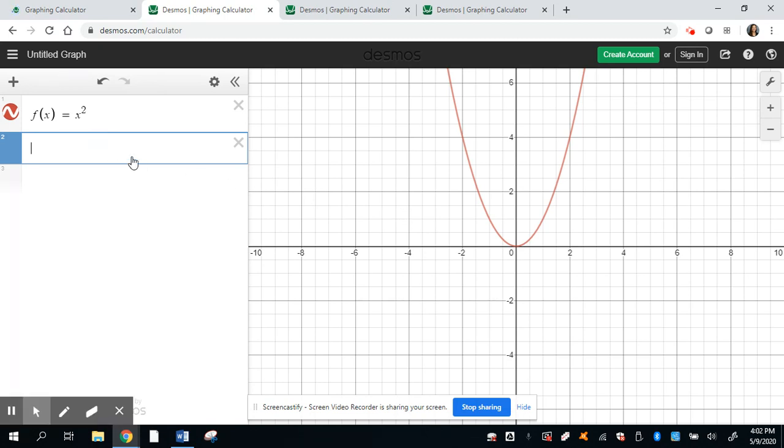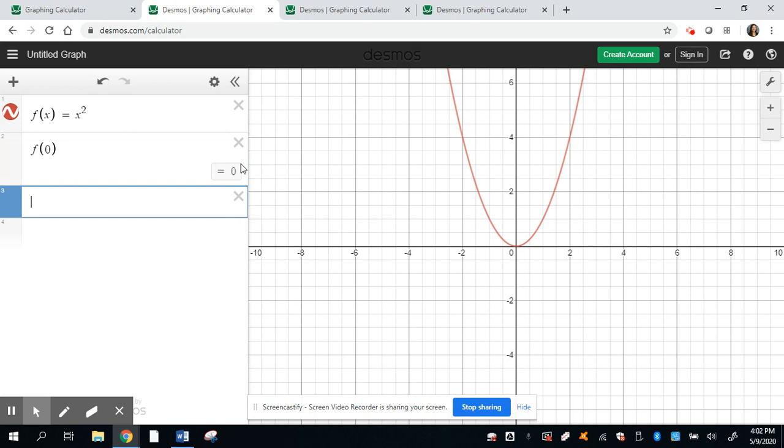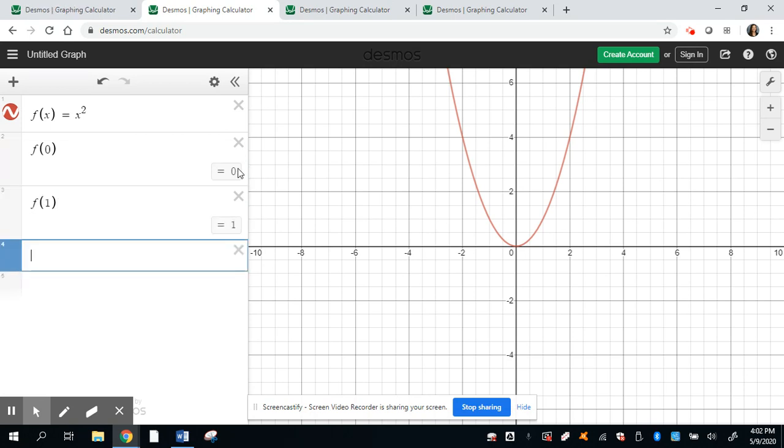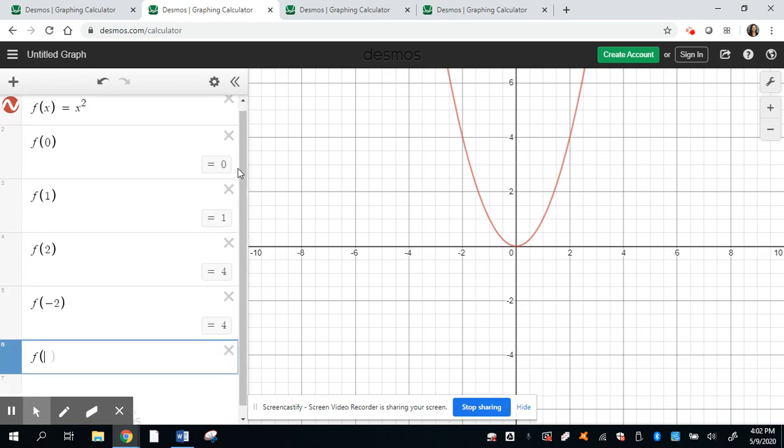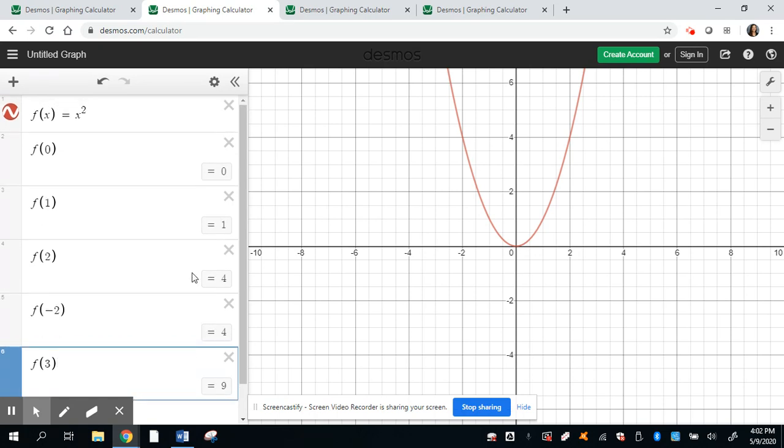And you can see that if I put f of x equals, instead of y equals, f of 0 equals, it tells me what the y value is. If I want to find f of 1 equals, it'll give me 1. F of 2, enter. F of negative 2, enter. And f of whatever. It'll always give you your answers for y, which is a quicker way of doing it than using your scientific calculator, but something fun to think about.